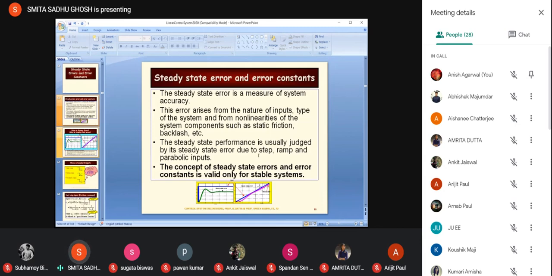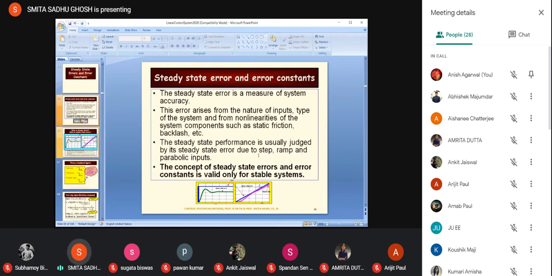But nevertheless, what I meant to say is that a similar analysis can be done even for inputs which do not belong to these three. Similar analysis can be done, but as far as the analysis by using error constants is concerned, it makes use of only the three standard inputs.